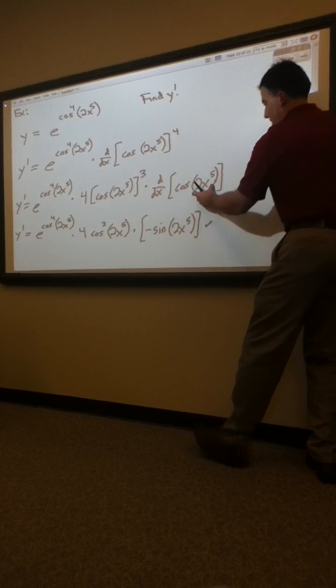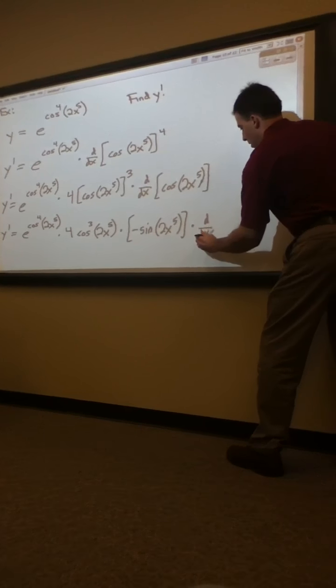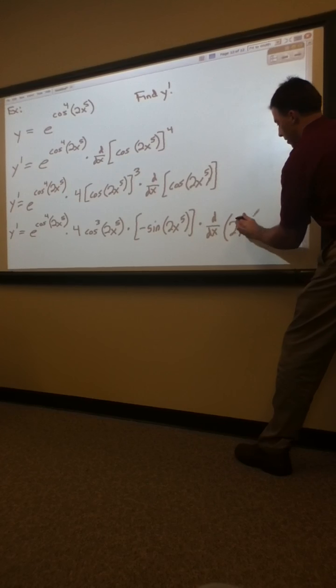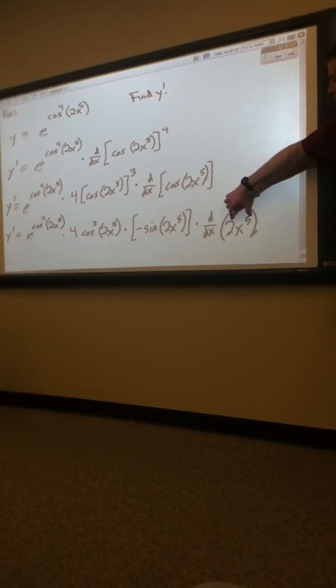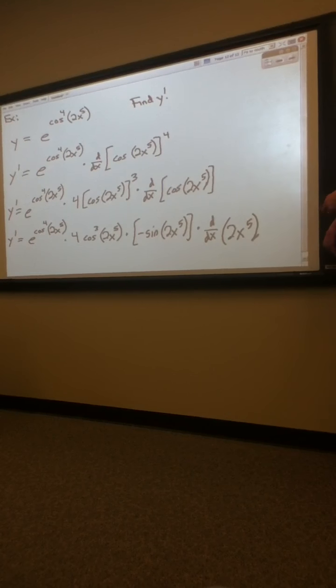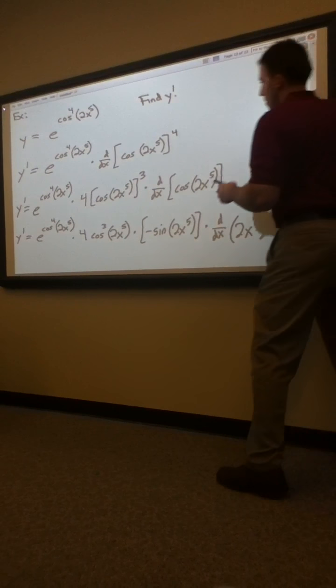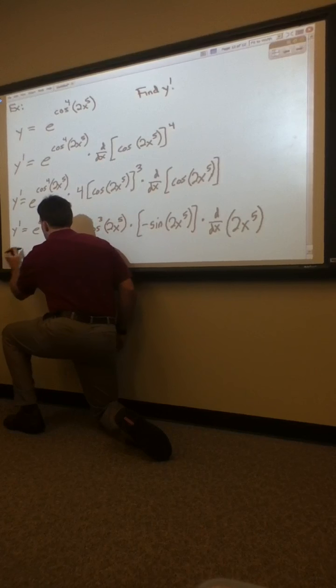And then by the chain rule, we have to take the derivative of the inner function on the next line. So that would be times the derivative of 2x to the fifth. Once we take the derivative of 2x to the fifth, we're done, because this is the last derivative. There's nothing else to take the derivative of after this point. So for the final answer, this could of course be rearranged, but I'm just going to copy down everything.